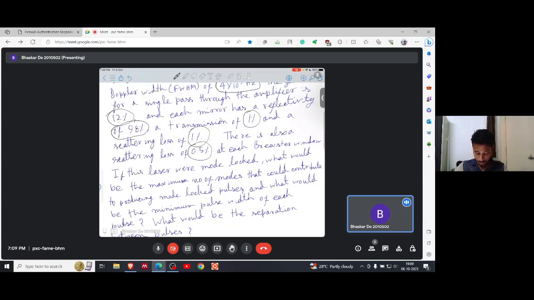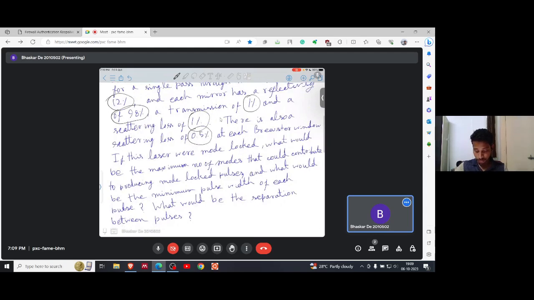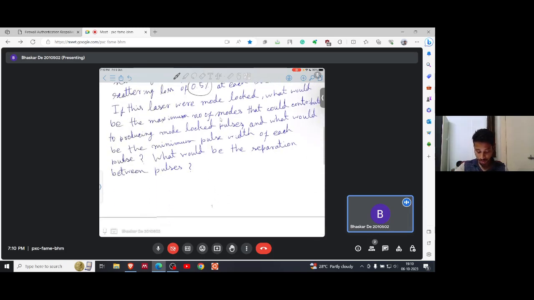Now the question is, if this laser were mode locked, so we know about the mode lock mechanism, what would be the maximum number of modes that could contribute to producing mode locked pulses, and what would be the minimum pulse width of each pulse, and what would be the separation between pulses?